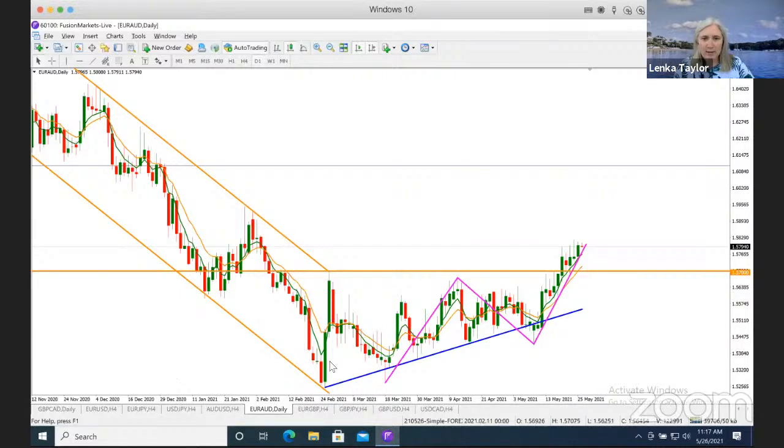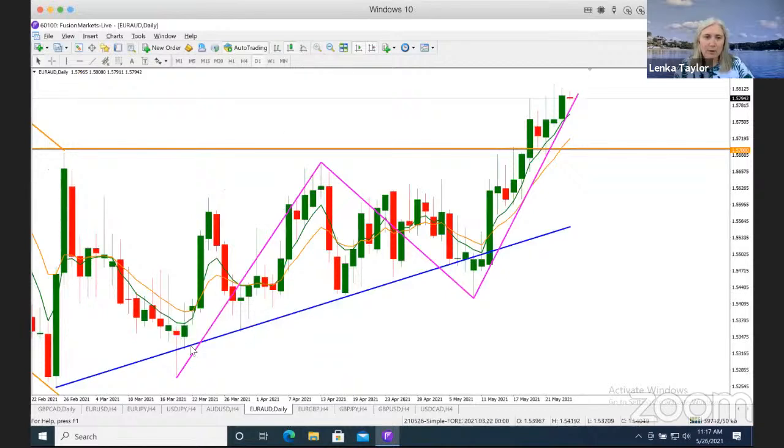It's been coming down, then gone sideways, and now gone up above. So in terms of the price action, we have a high, a lower, a low here. Let me just annotate that.